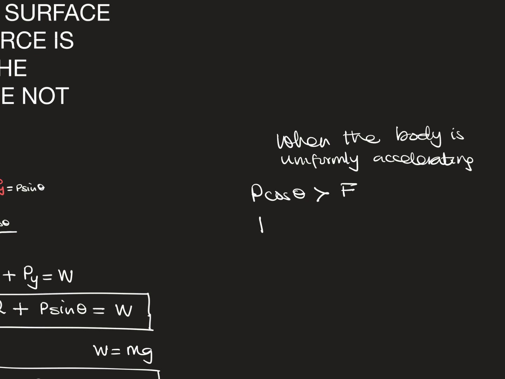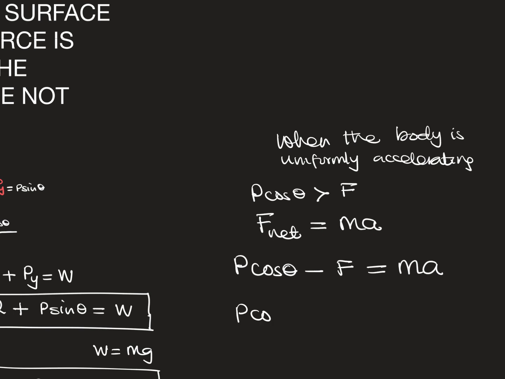So therefore, we know that the net force will be equal to mass times acceleration. So the net force is P cos theta minus the frictional force. That will be equal to ma. All right. So P cos theta minus the frictional force, which is mu R, is equal to ma.